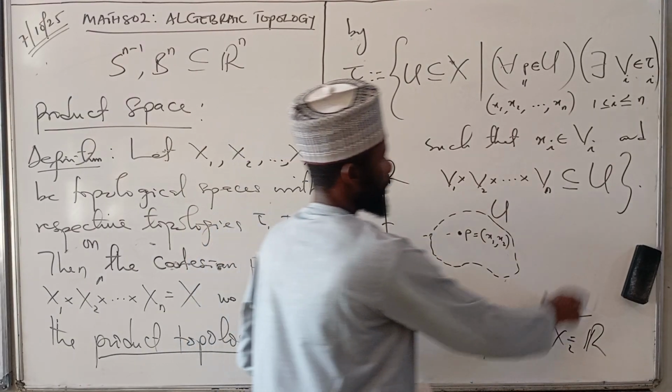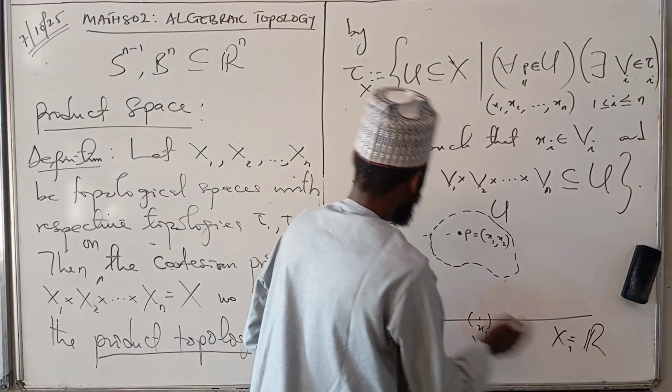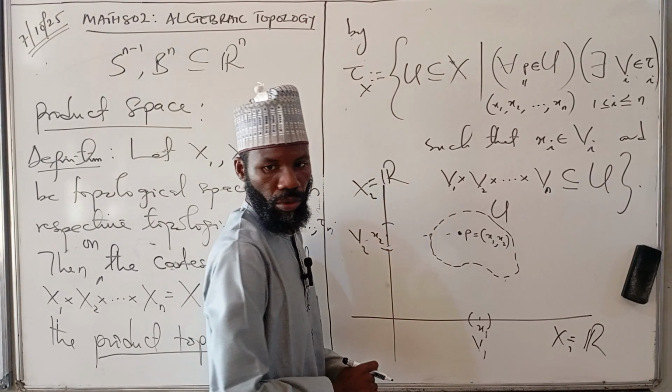The neighborhood will be in the topology of this space x1, and this is my x2, okay?